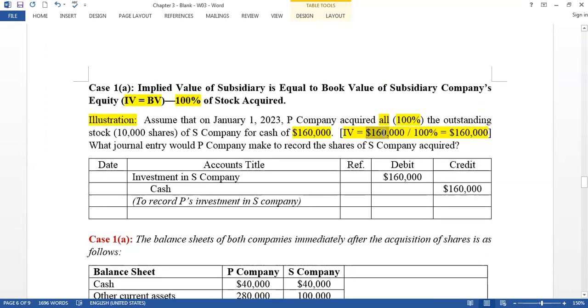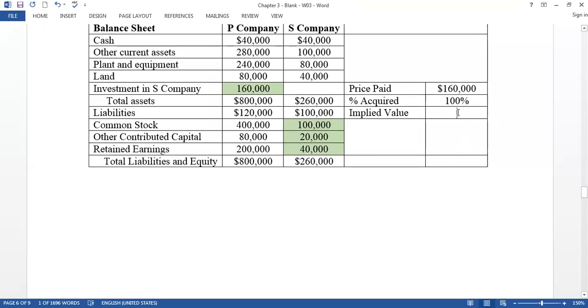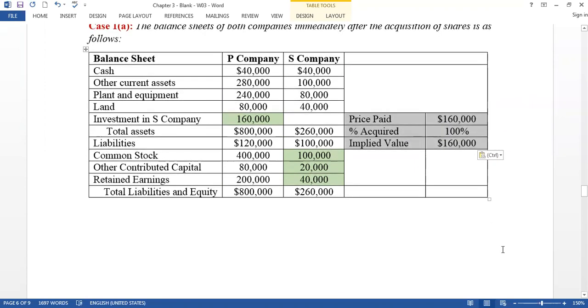This is the price paid divided by the percentage acquired, equal to the implied value. So we know the implied value or market price of this company. This is the market price of the subsidiary company, $160,000. You give me $160,000, I give you 100% ownership, right? So this is the market implied value of the subsidiary company.